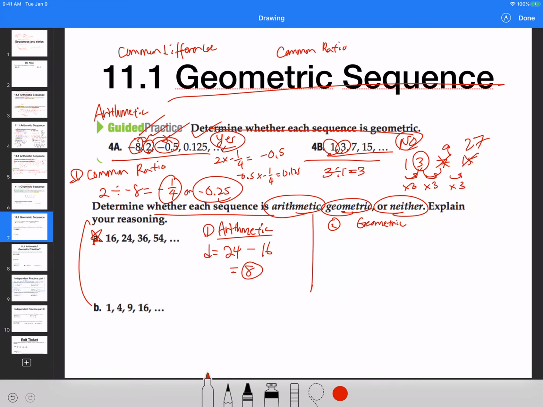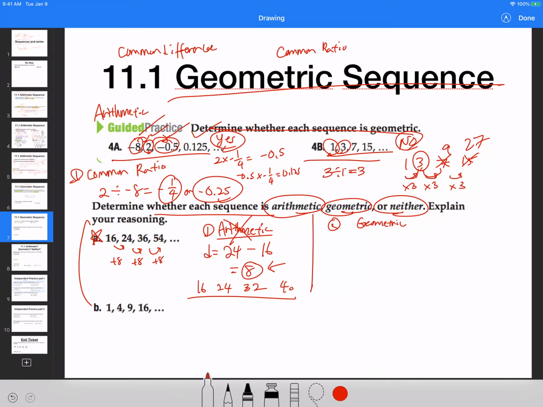That means that if I consistently add positive 8, I should get the next number, right? So 16 plus 8 is 24, plus 8 should be 32, plus 8 should be 40. That should be the arithmetic with this common difference. So therefore, we know for a fact that it's not an arithmetic sequence.